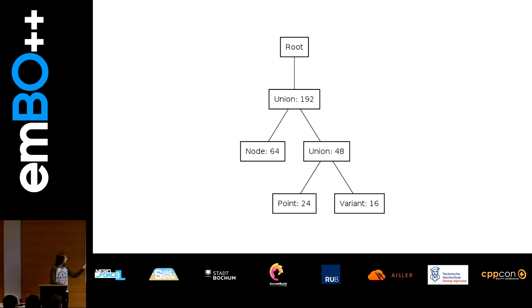So for instance, the union of 48 bytes would have 2 of points and 3 variants. So it is a union of 2 pools of either 2 elements or 3 elements. And the union of 129 bytes, same way.